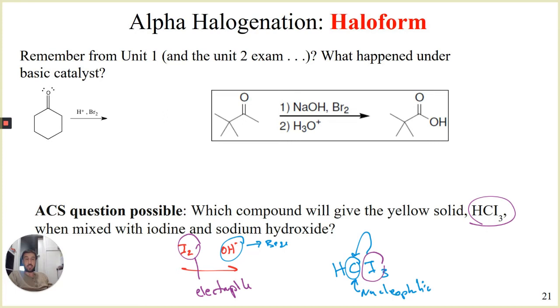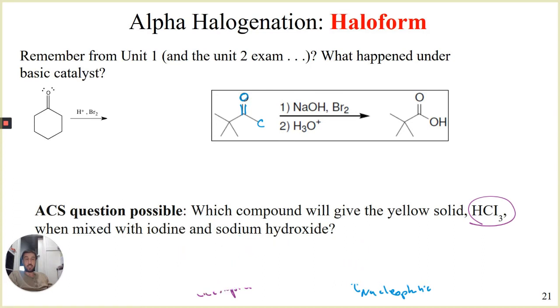That might be enough context for you to trigger and be like, ah, that's right, enolate chemistry, that carbon is next to a ketone. If that doesn't trigger it, that's okay, because we're looking at a multiple choice exam, and the multiple choice exam would have a variety of answer choices, and you would be trying to identify a carbon that could pick up three iodines. So, methyl ketone.